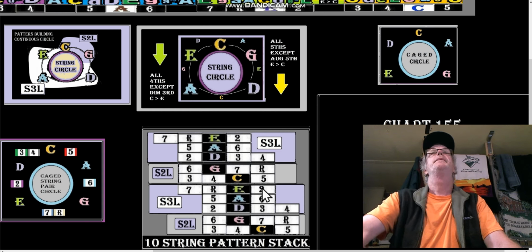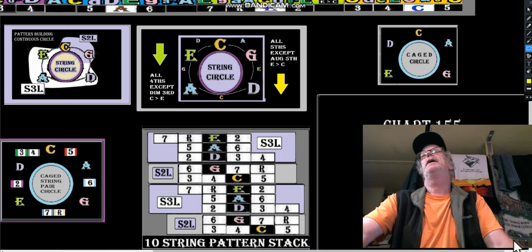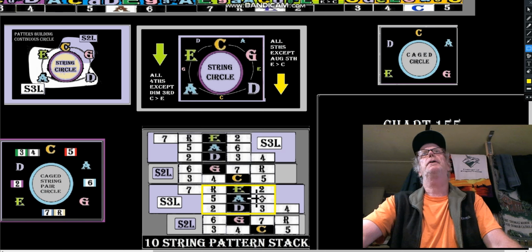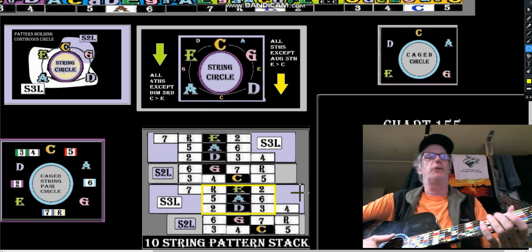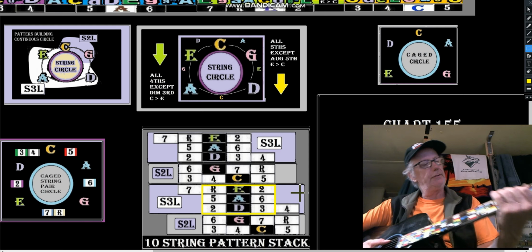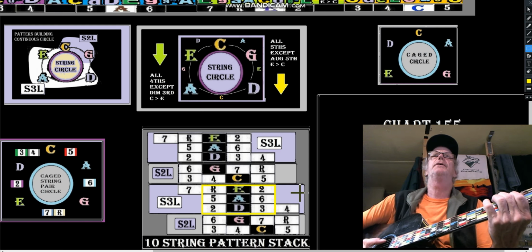Okay, and remember, we're going over a note, but what gives the S3L, I guess its backbone, is the S3S right here. Stack of 3 short, and that's your basic little stack of notes that you can play starting from the second. So if you start from a D, I have a D down here.